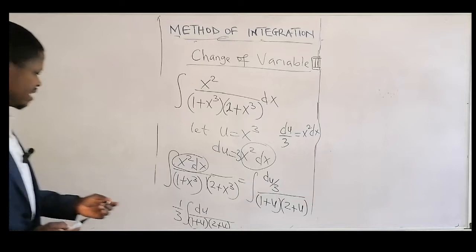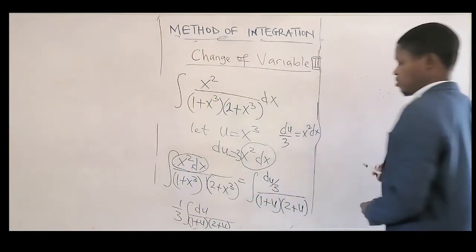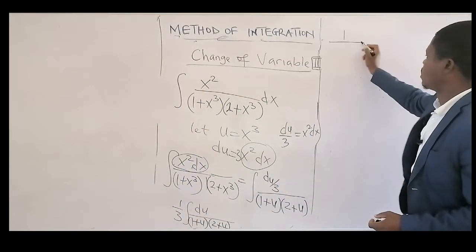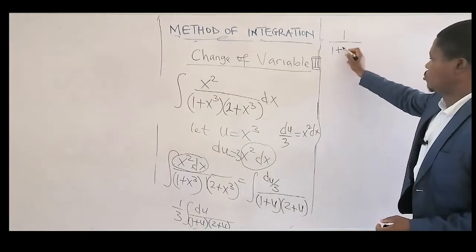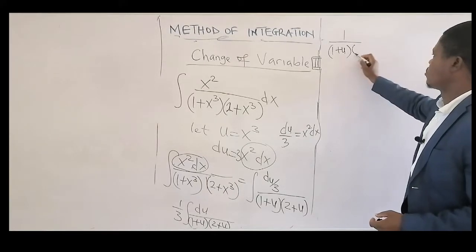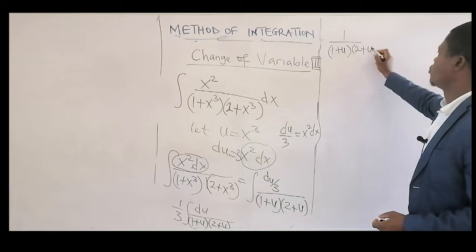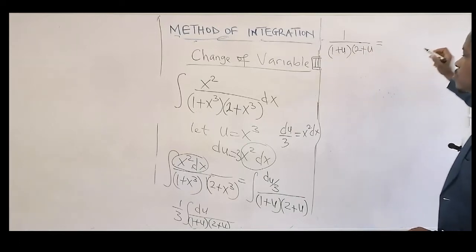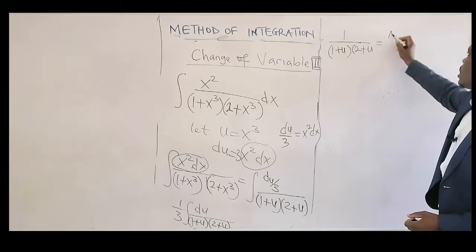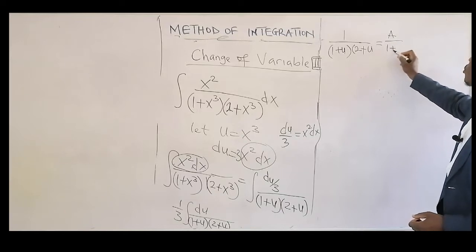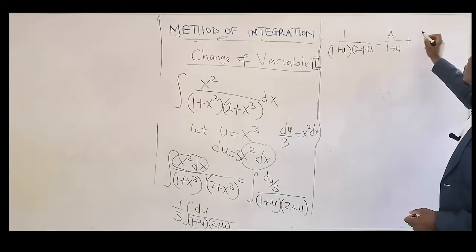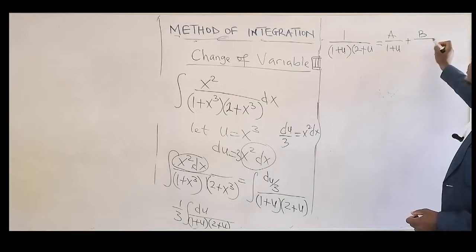Then we can take this one out: 1 over 1 plus u times 2 plus u will be equal to A over 1 plus u plus B over 2 plus u.